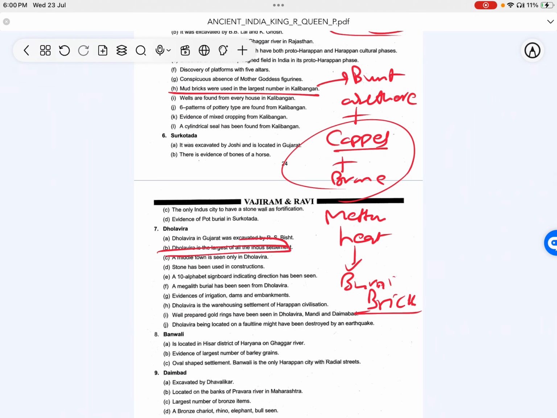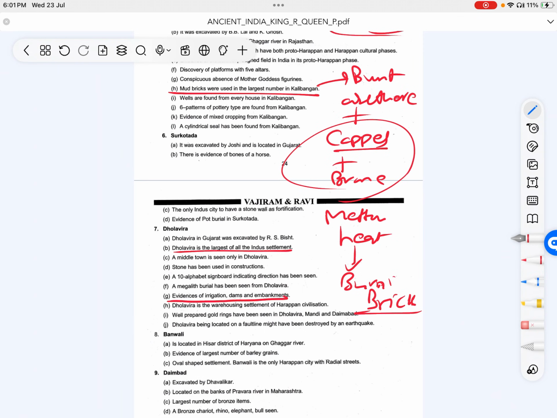Dholavira is one of the largest settlements of the Indus civilization. So it is very important. Dholavira has evidence of irrigation, dams, embankments. Megaliths are also seen, so you can link with the south. Megaliths are also seen in South India.